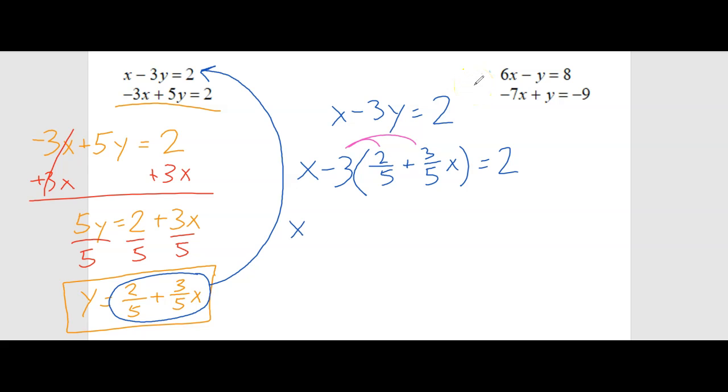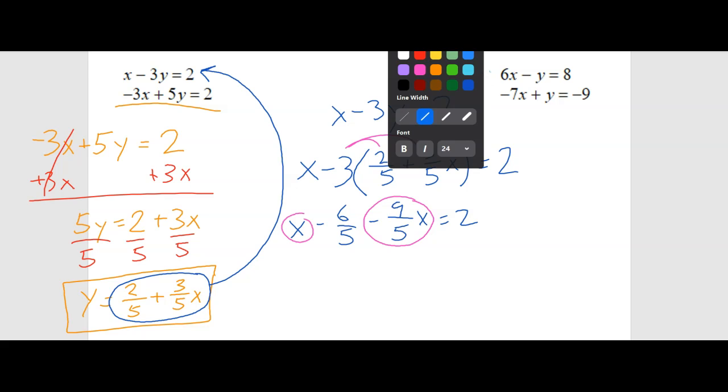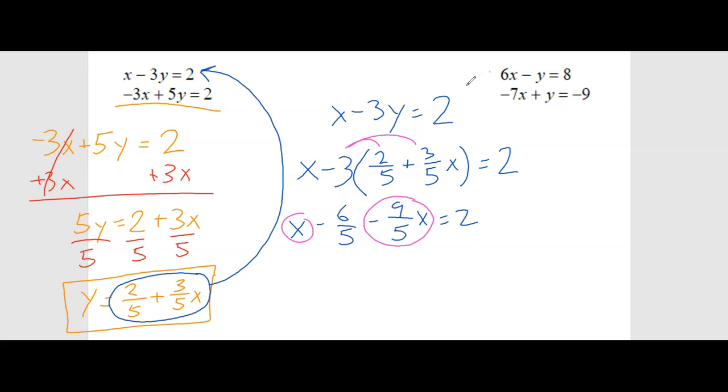So I get x minus 6/5 minus 9/5 x equals 2. Now when I combine my like terms, I've actually got to figure out how to add a fraction to a whole number. It turns out that this is going to be equal to -4/5 x minus 6/5 is equal to 2.